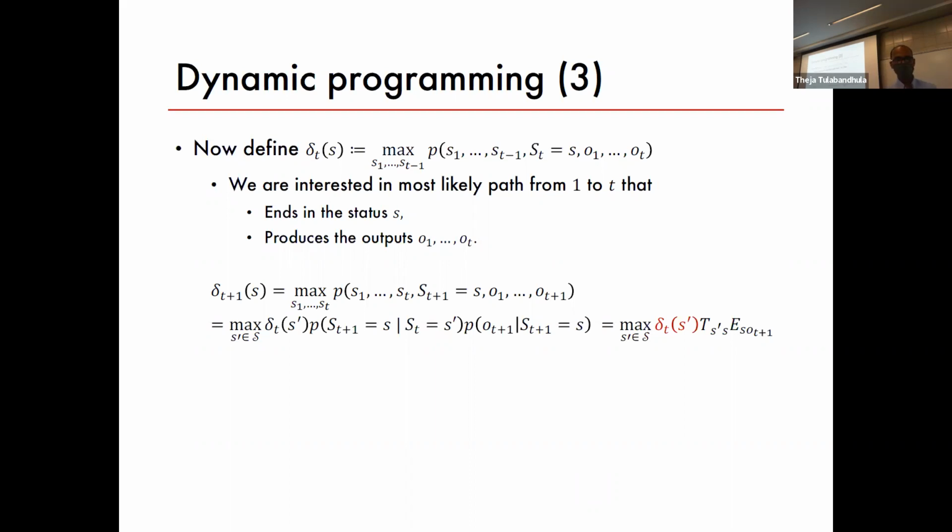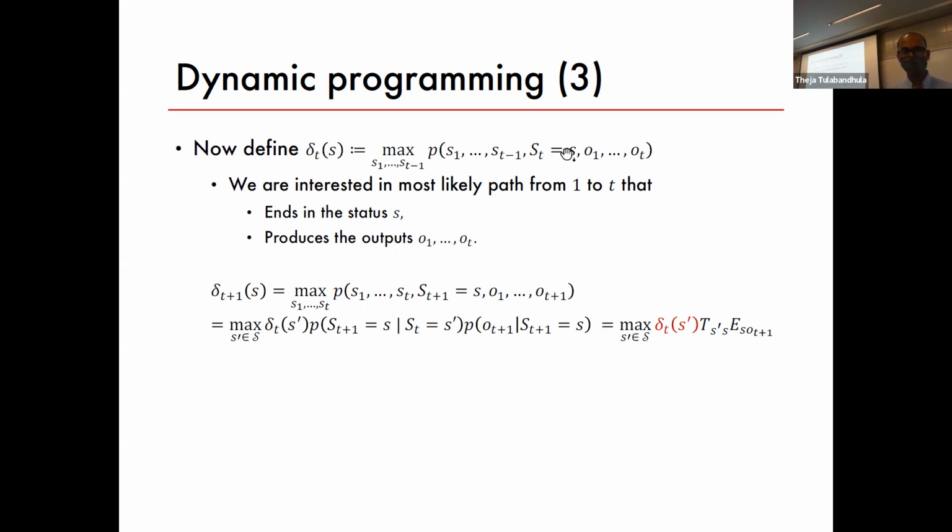For that, let's define another intermediate quantity called delta_t of s, which looks like a max over a bunch of states of the joint probability of the states, fixing the current state value to be some little s, and the observations so far. So this is a non-intuitive quantity that you can define at a given time and a given state.